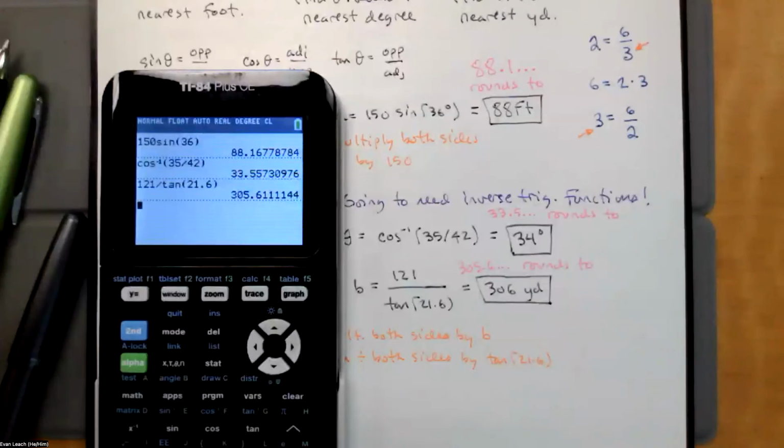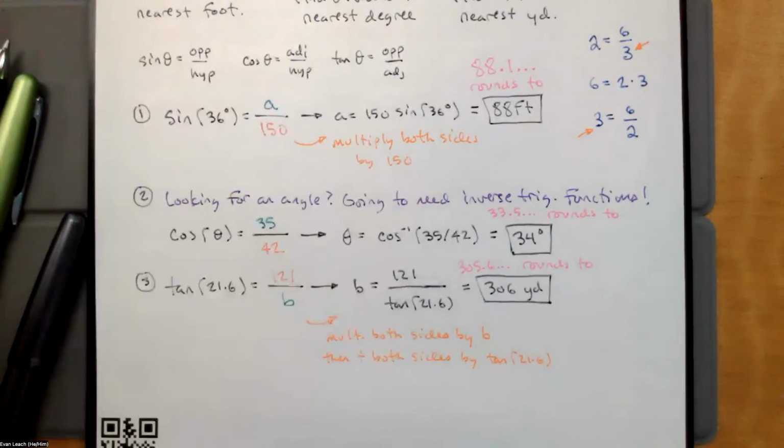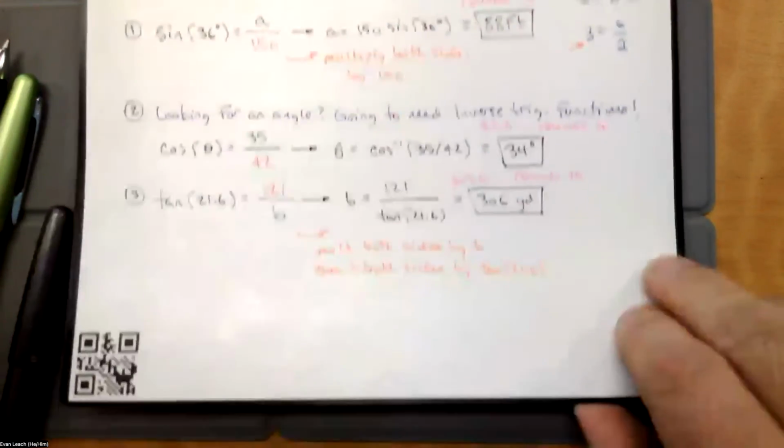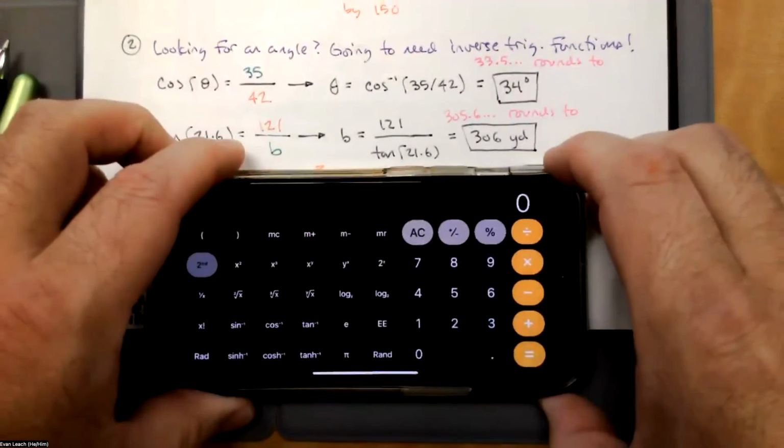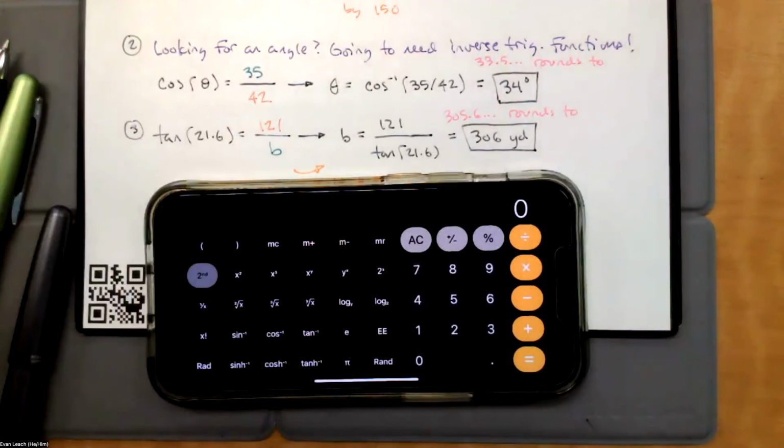On our phone calculator, as long as we remember how the trig buttons work, then this is okay. We have to just type it in this kind of weird order. Hopefully you guys have sorted out your texting business. So to do this on our phone calculator, I want to do 121 divided by the tangent of 21.6.